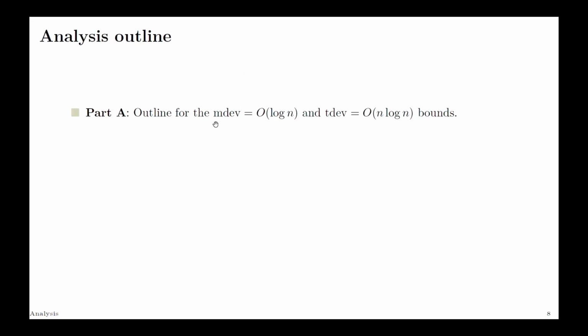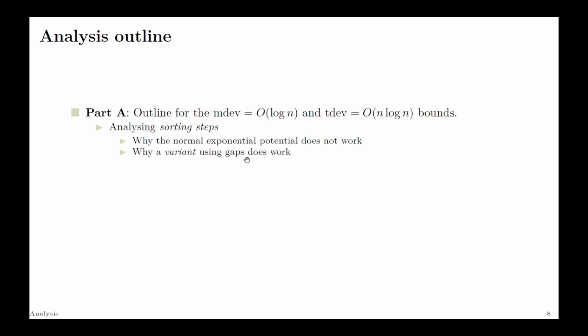This will be split into two parts. In the first part, we will prove the upper bound on the maximum deviation of log n, and then the loose upper bound on the total deviation of n log n. This will be done by first analyzing sorting steps, arguing why the normal exponential potential does not work, and showing how introducing dummy elements does work.